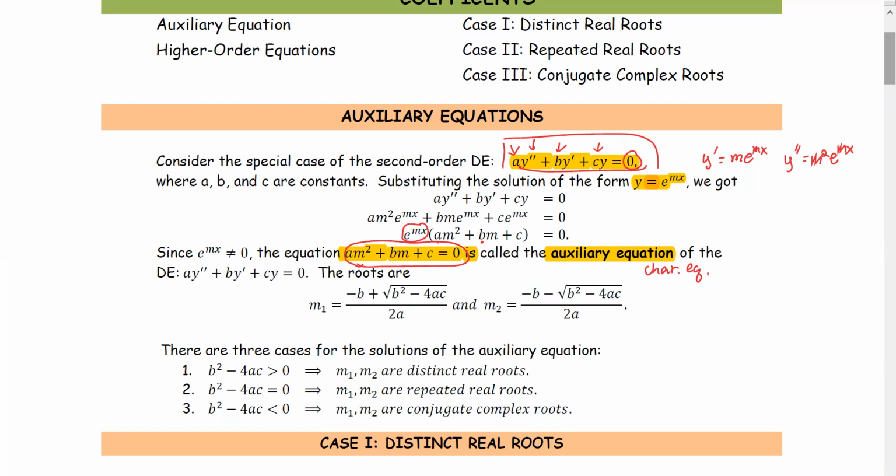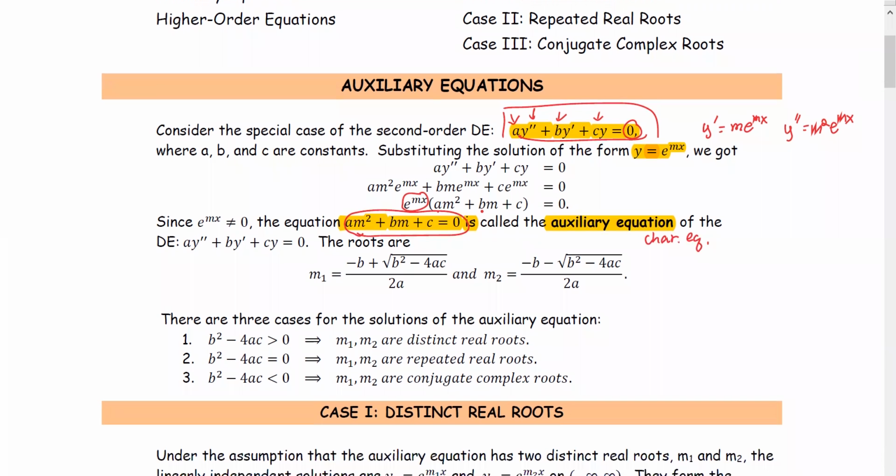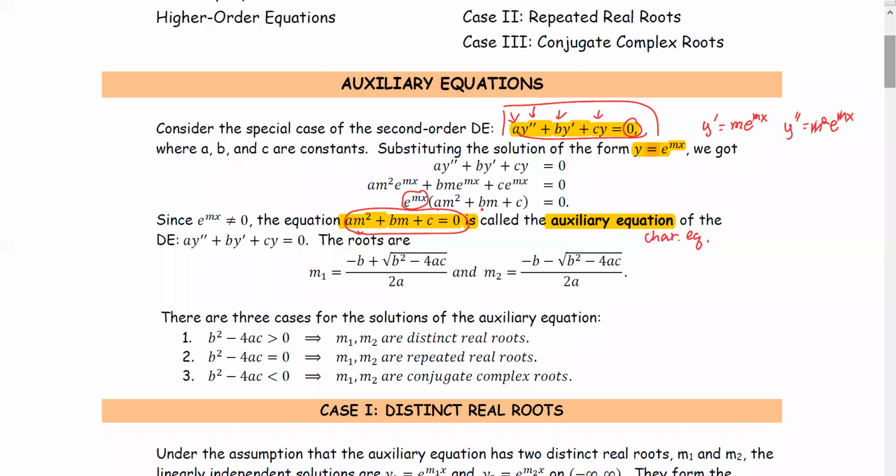From this equation, which is a quadratic equation, we can use the quadratic formula to find the solutions: negative b plus or minus the square root of b squared minus 4ac, all divided by 2a. The discriminant b squared minus 4ac determines whether the solution is in the form of two distinct real roots as case 1, when the discriminant is greater than 0, or the case that the discriminant is 0, which means the two solutions are the same.